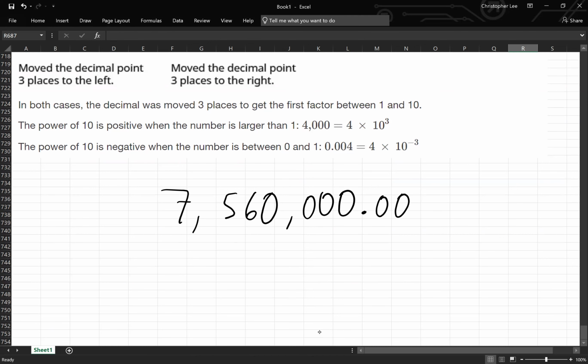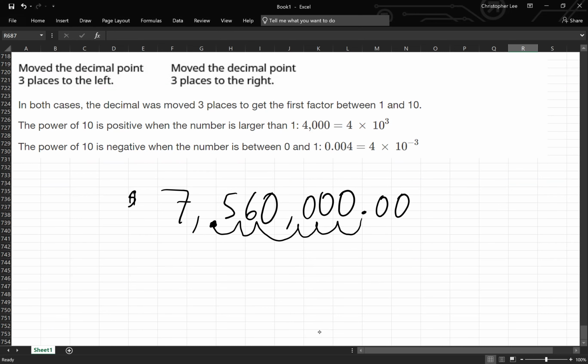All right. So let's say that this is your first paycheck you're getting right out of college. You want to write that in scientific notation. So you're going to move the decimal place over 1, 2, 3, 4, 5, 6 spaces.